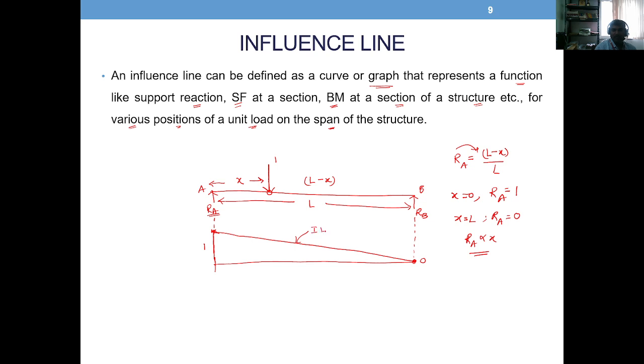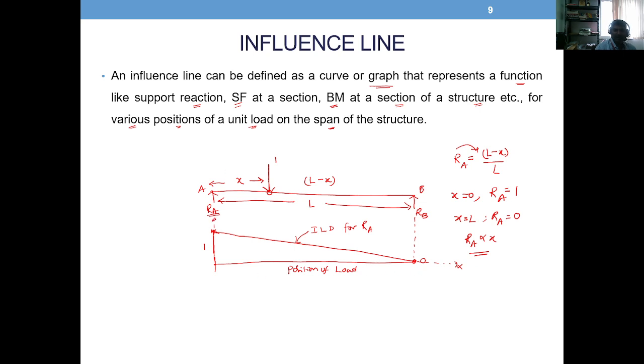So this is what is called ILD for reaction at A. So on x-axis, what we have plotted? Position of load. That is what we plotted on x-axis.